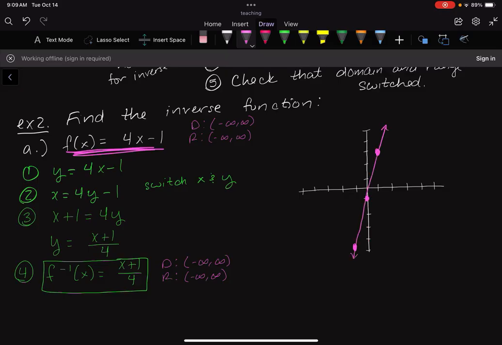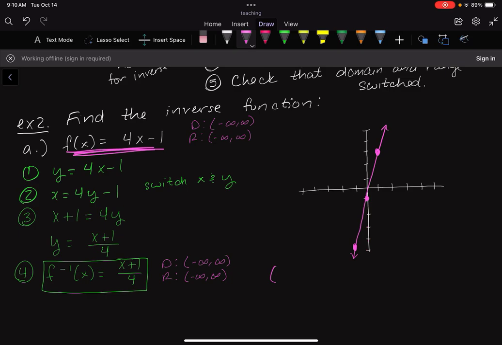is our old line. And now our new line is x plus 1 over 4. Now, that might be a little bit difficult to graph. So something I want to show you is when we swap those x's and y's, we can do that with the points as well for graphing.